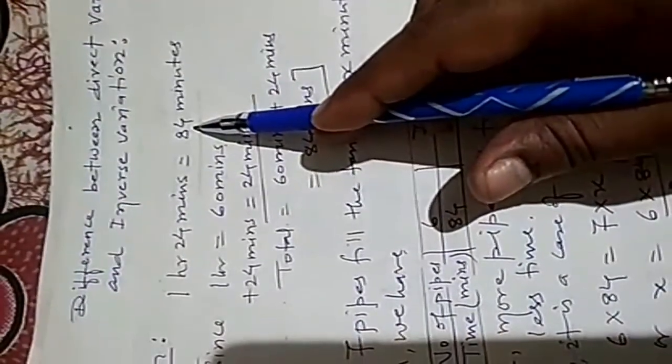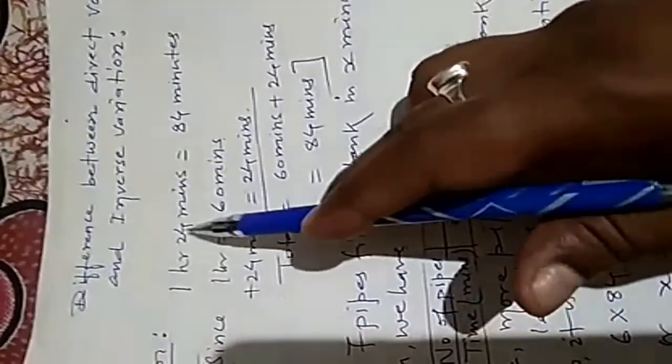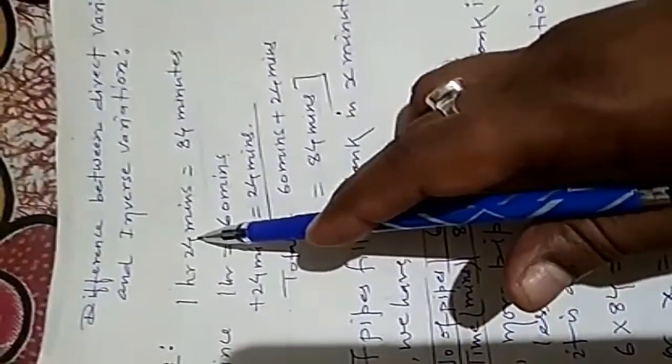Solution is here. 1 hour 24 minutes is equal 84 minutes. 1 hour equal 60 minutes, and 24, so 60 plus 24 is equal 84 minutes.